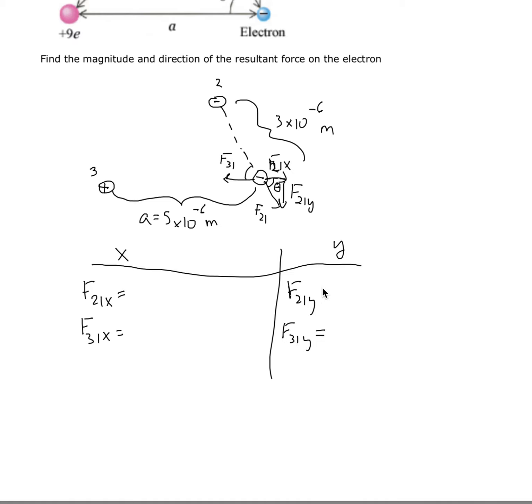And then I fill in what I know. F21x is right here. It's the component that is adjacent to the angle. Adjacent always uses cosine. So it's going to be F21 times cosine of our given angle, which was 50 degrees. I've already put all these numbers in the calculator.